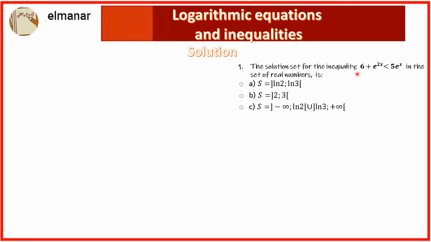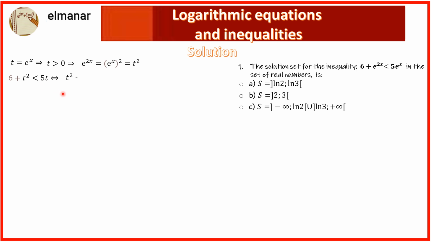Solution. To determine the solutions for this inequality, we perform a change of variable. We let t equal e to the power of x. Since the exponential function is always positive, we only consider solutions where t is greater than 0. The inequality becomes 6 plus t squared is less than 5t.